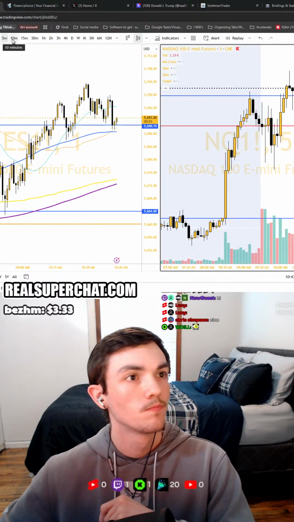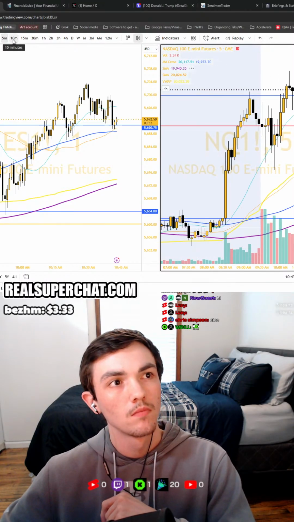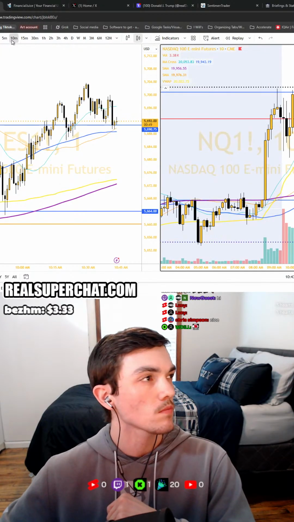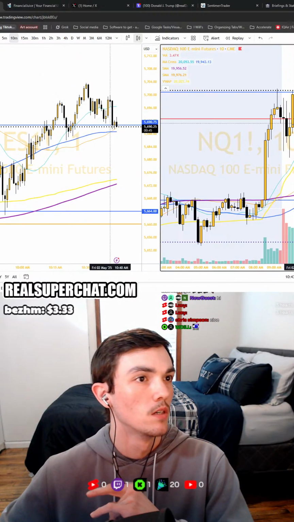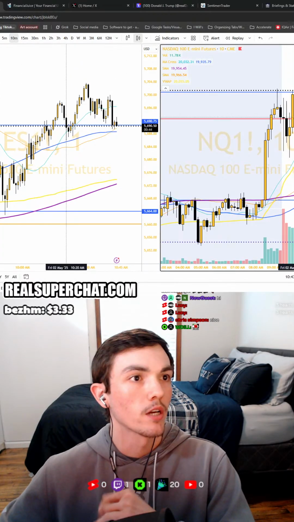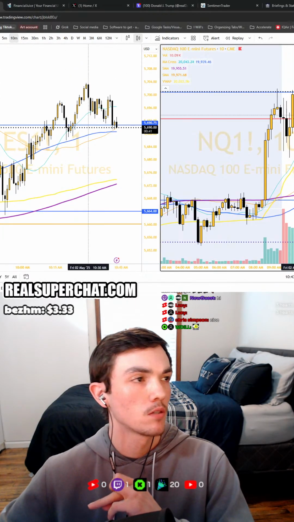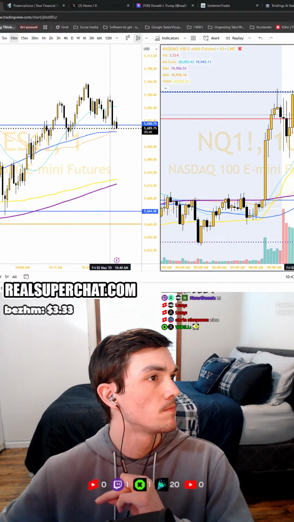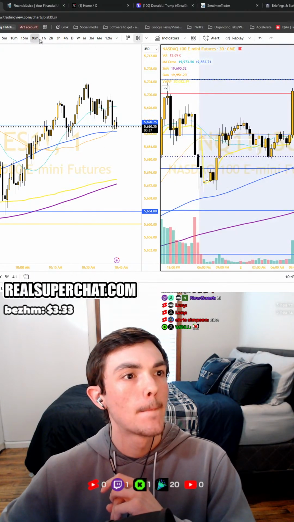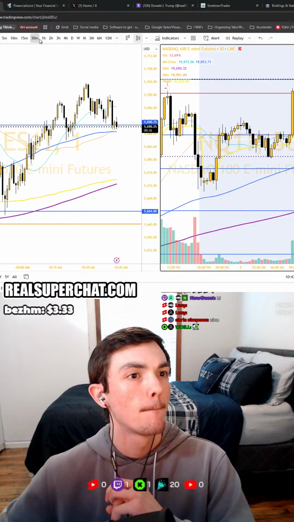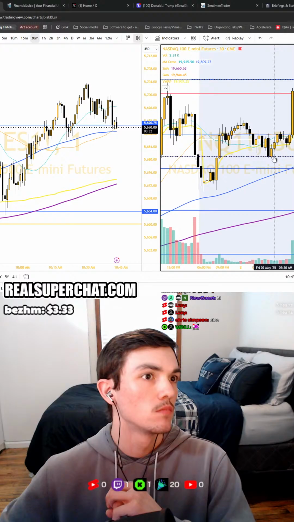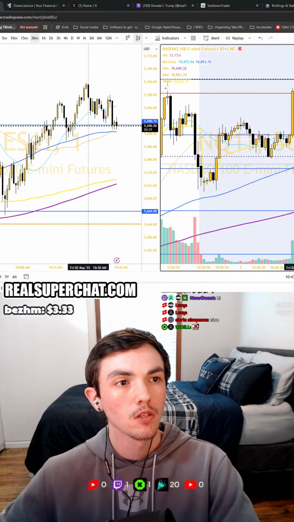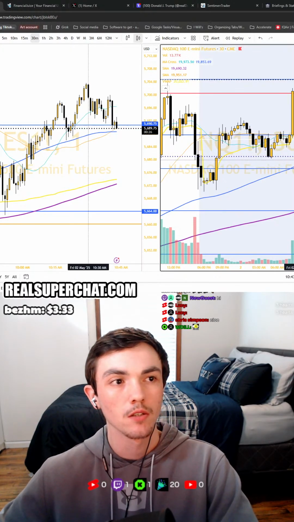Five minute, 10-minute looking really heavy. May come down and test the 61.8 fib. We do still have a gap up from yesterday's close.